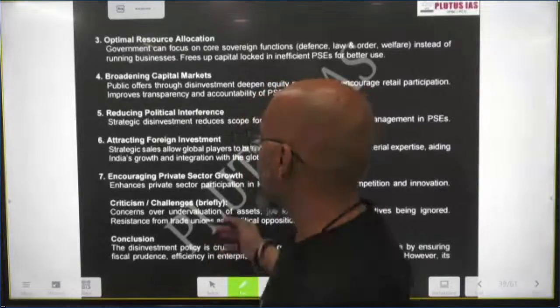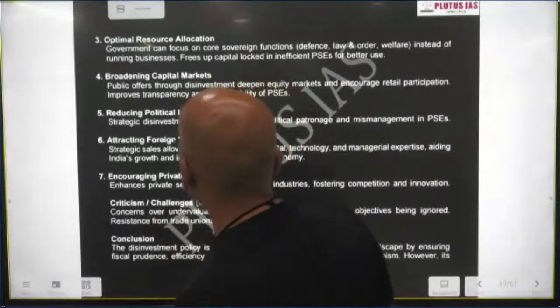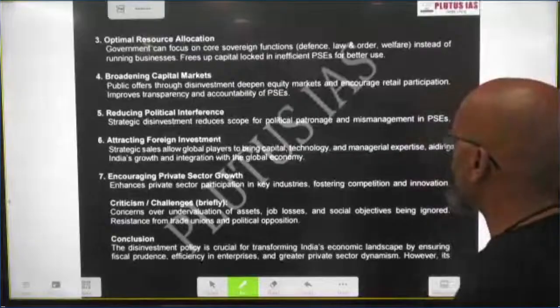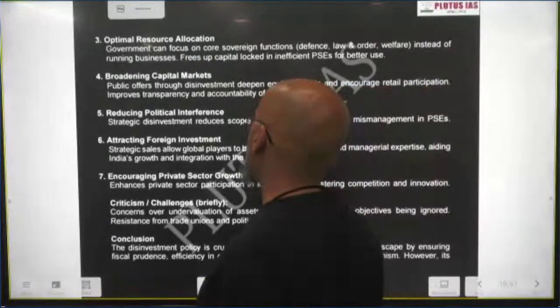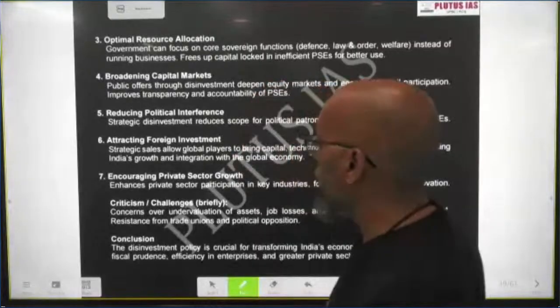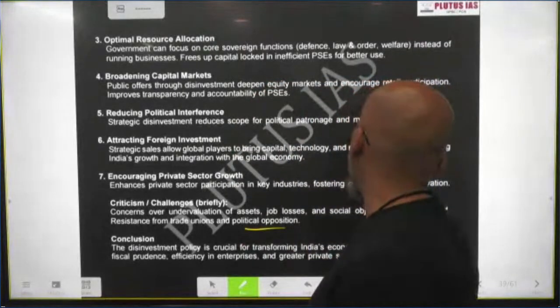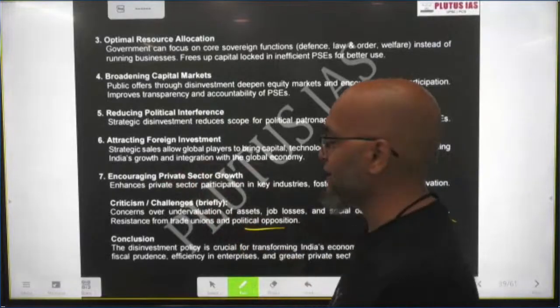Criticism and challenges: concerns over devaluation of assets, job losses, and social objectives being ignored, resistance from trade union and political opposition. Political opposition, trade union, labor union, all are opposing it.